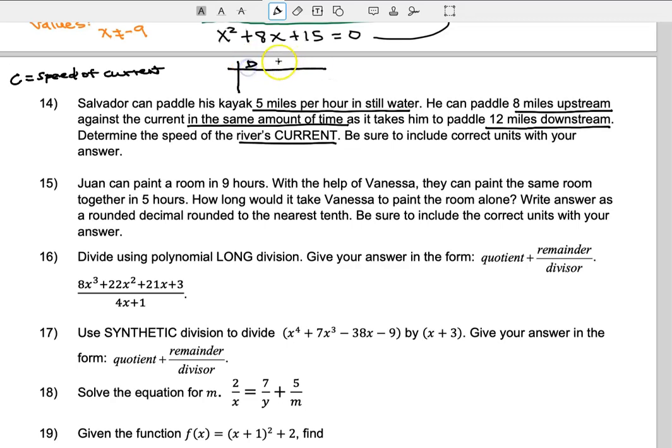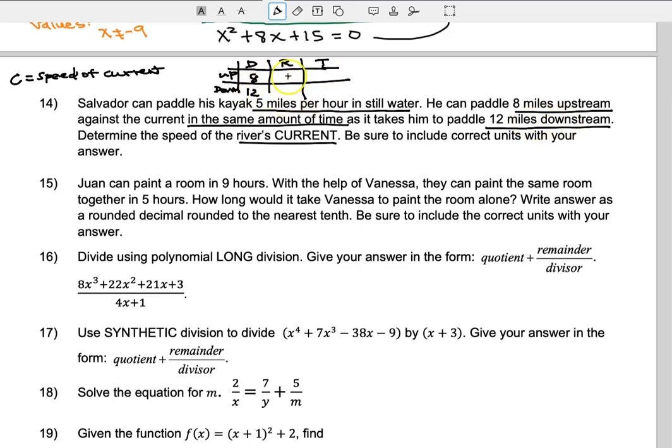So we have information about distance, rate, and time. And we have information about upstream and downstream.